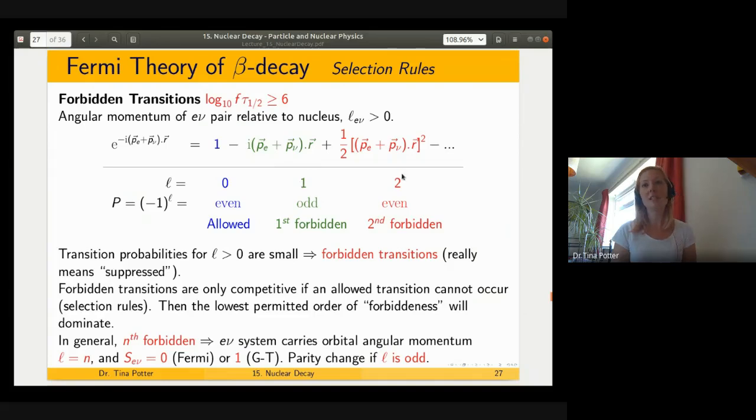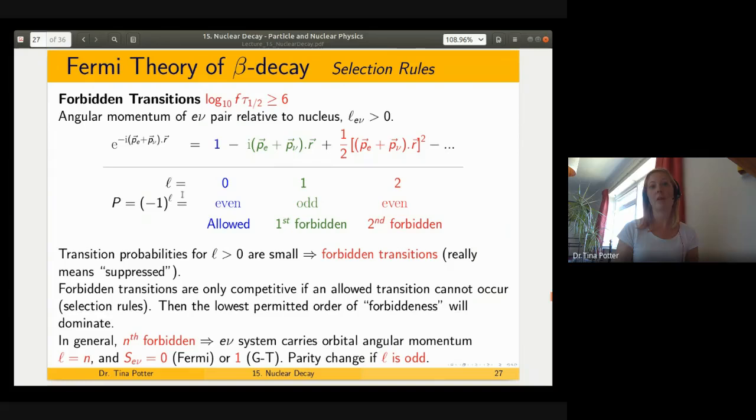With increasing L, we get increasing levels of forbiddenness, simply because we have an increased potential, essentially, that the electron and neutrino system will see to overcome during the decay. So the first forbidden ones, because they are emitted with L equals 1, you're going to have a parity change.